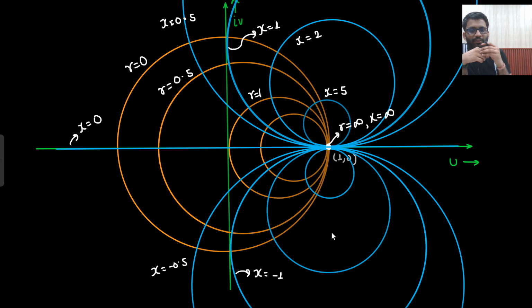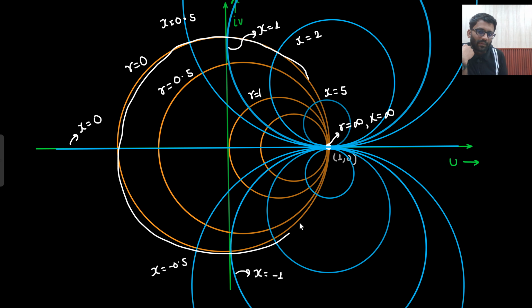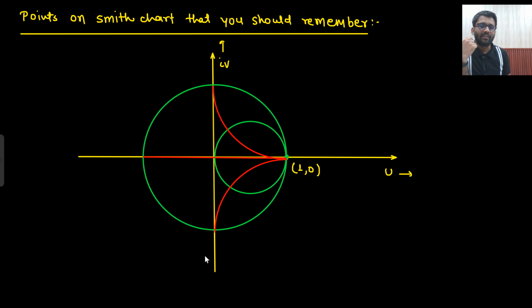Now, whenever we draw the Smith chart, we do not draw it like this. What we do is make a unit radius circle. In that circle only, we make all the resistance circles and all the reactance circles. This is how we make our Smith chart. This curve is only half.